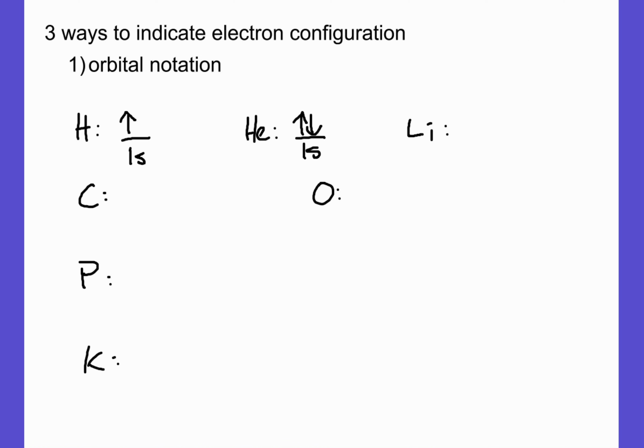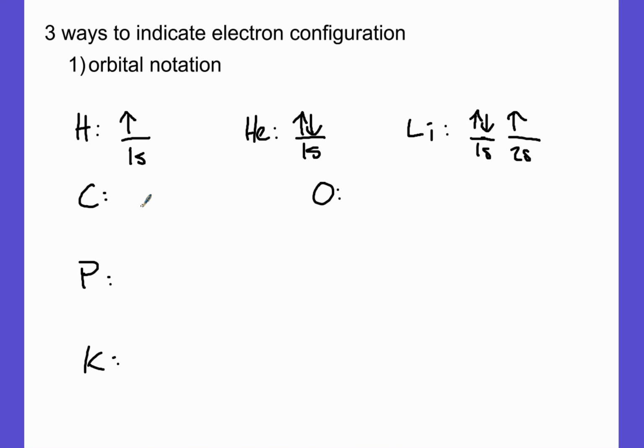So that's where lithium is. I have a 1s that's full, because it has those 2 electrons that helium had, it just has one more. And that one more goes into the 2s orbital that would come next. So then I put an electron in like that. So pretty simple to start.